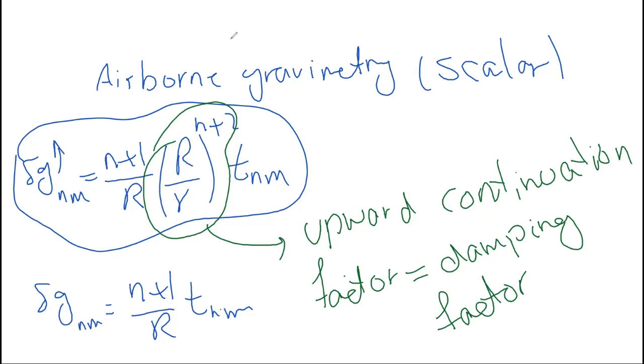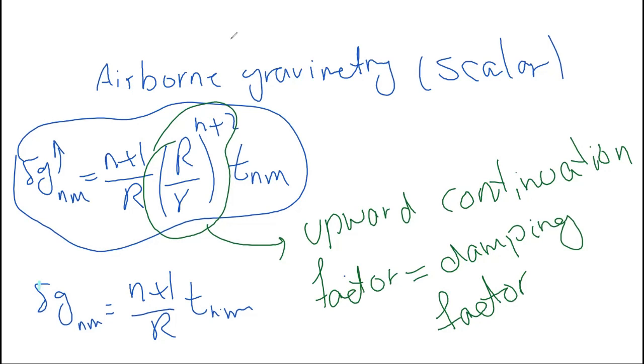What does that mean? It means that when you are at a higher level, this ratio will be smaller than 1, and when n increases, it will kill the high frequencies of T_nm. This means that when you are outside the boundary, far from the Earth, the gravity or the potential are both smoother than at the surface of the Earth. So that was the main equation to derive.